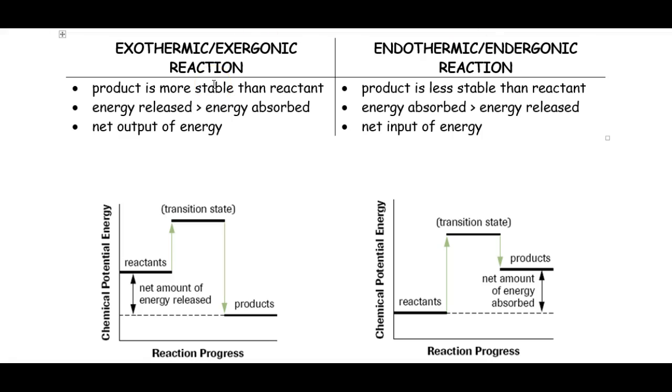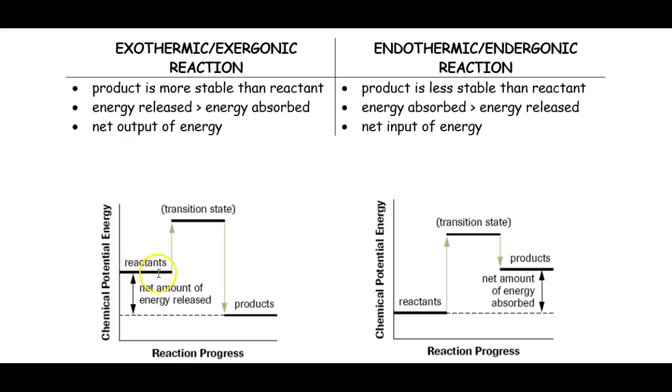So all molecules thrive if they're in their lowest energy state, and so that makes them stable. So when we're talking about an exothermic reaction, we have these reactants that have a certain amount of energy. This is on my y-axis, I have chemical potential energy.